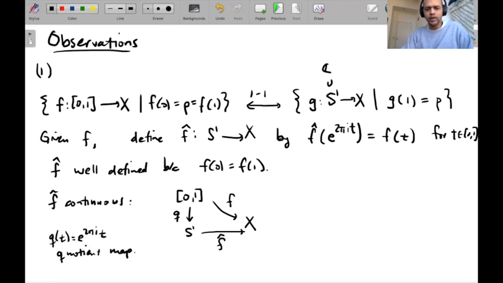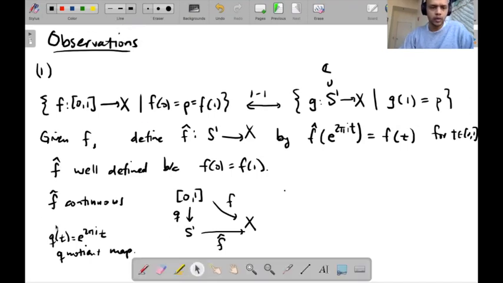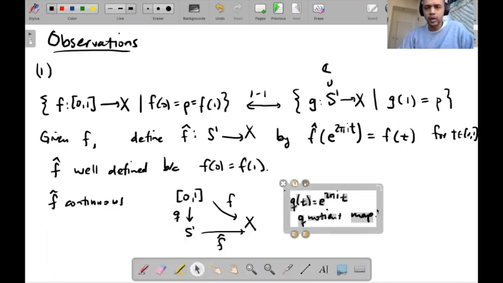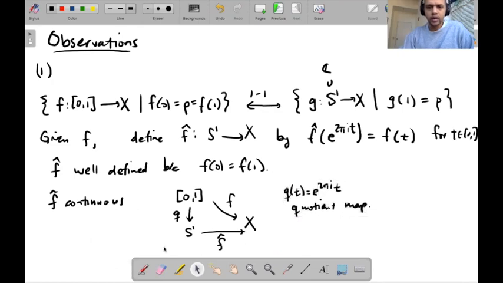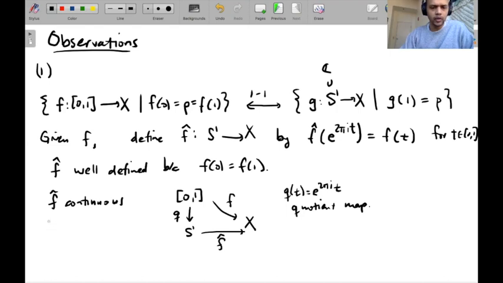We know that f hat is continuous if and only if this map f is continuous, by a lemma that we proved last week about quotient maps and continuity.